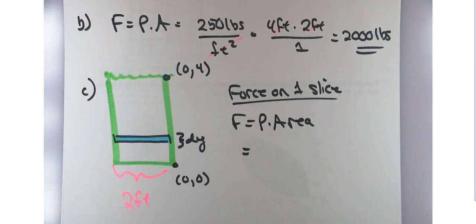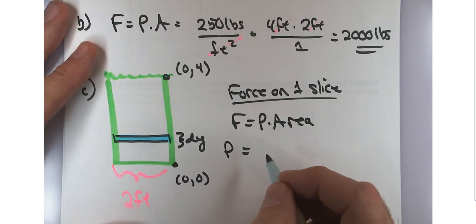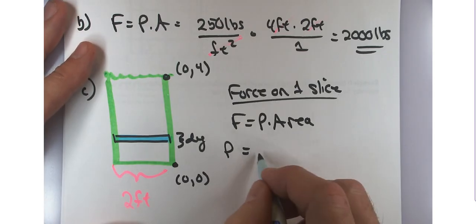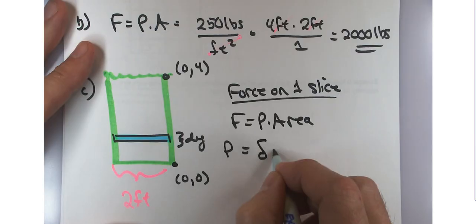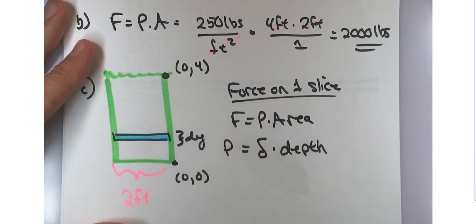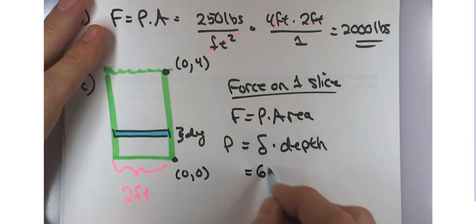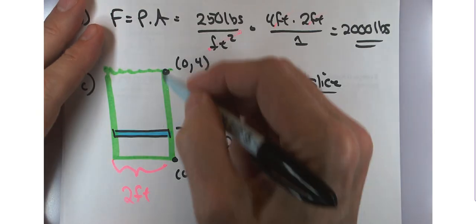And the pressure is going to be the density times the depth. Now, I'm not going to make you memorize all kinds of constants like the density of water or anything like that. So, let's see. That's going to be 62.5 times the depth.